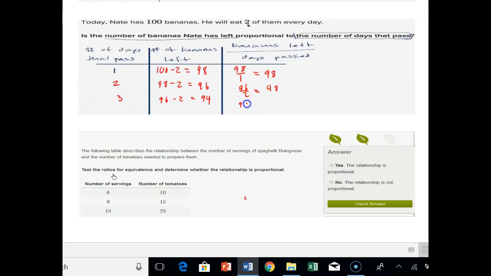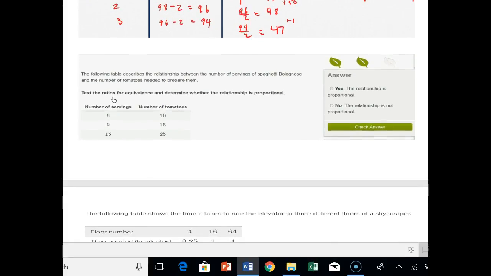And then we have 94 divided by 2, which is 47. So look, we have a jump here of 50, but then just a jump of 1. So this is plus negative 50, and then this is plus just 1. So this is not proportional. It's not the same rate the entire time. Not proportional.